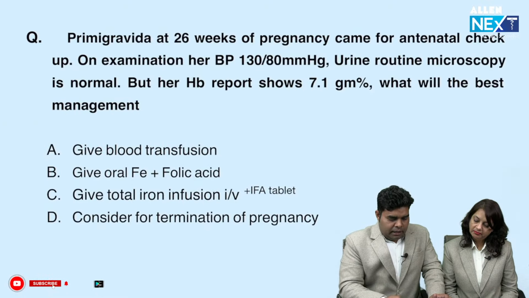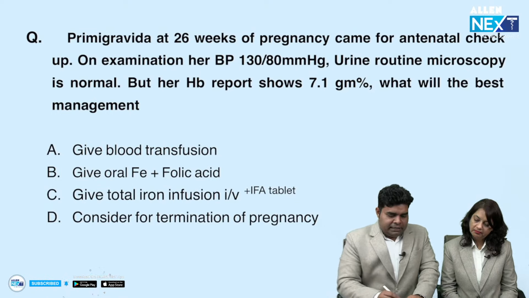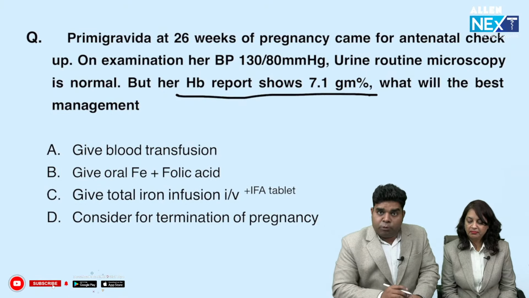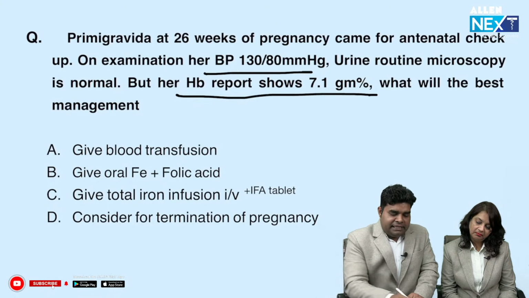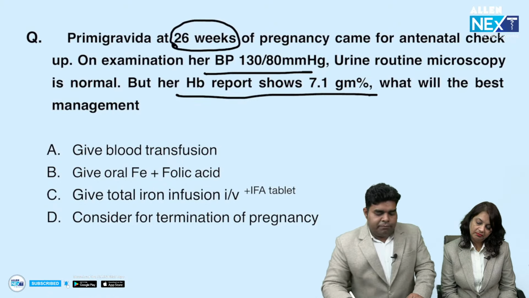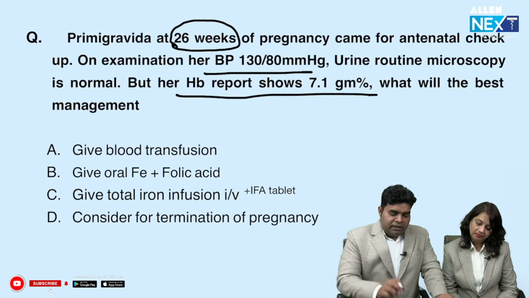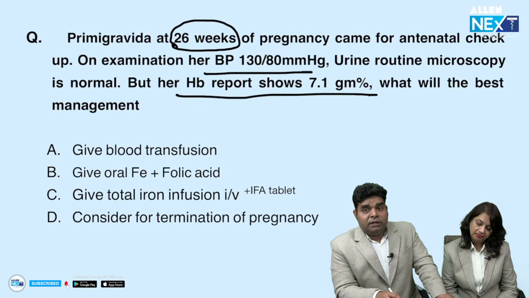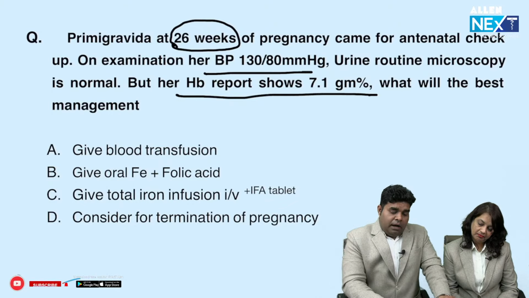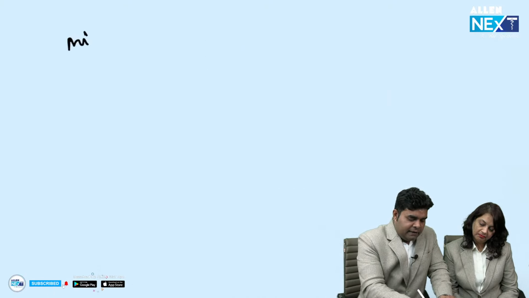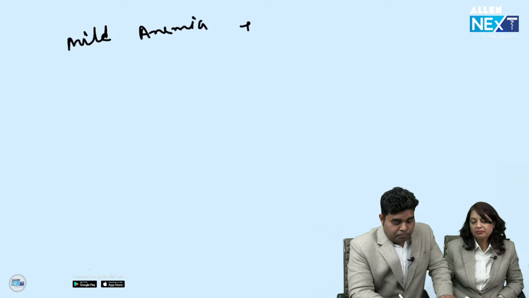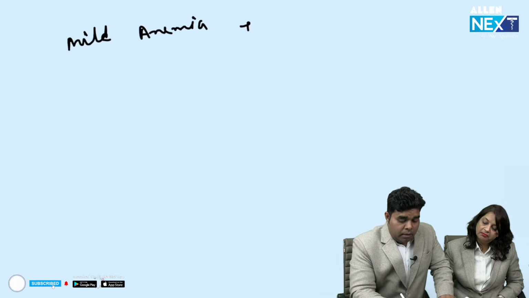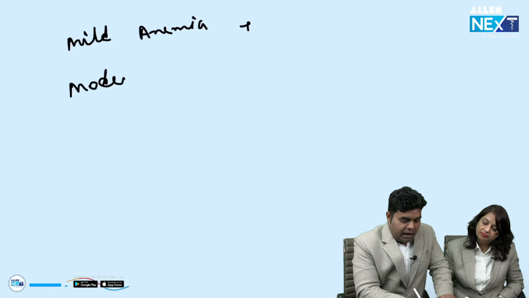Okay. Now, one more question: a female has Hb of 7.1, her BP is 130/80, normal, and she is at 26 weeks of pregnancy. What will you give? For this, we have to look at the Anemia Mukt Bharat guideline. Anemia Mukt Bharat says there are 3 categories: mild anemia, moderate anemia, and severe anemia.